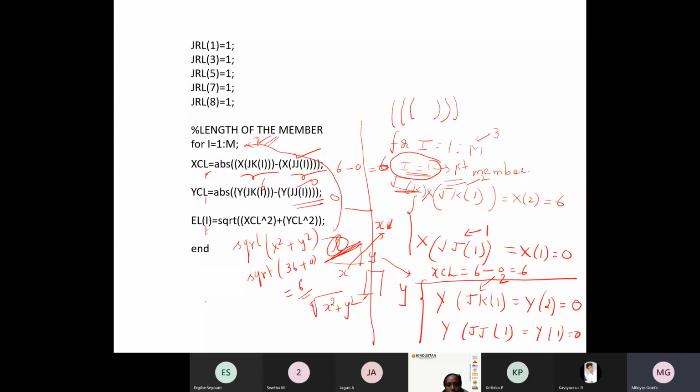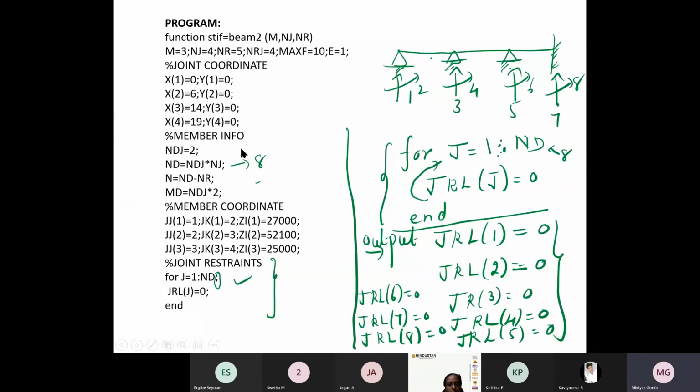You may need these values. Just copy down the JJ of 2, what is that? And I'll show the screen so that you'll be able to do it for the second.